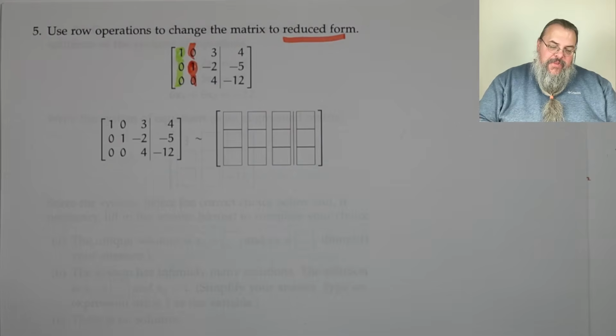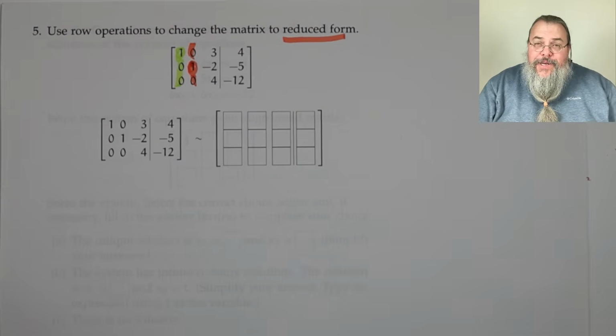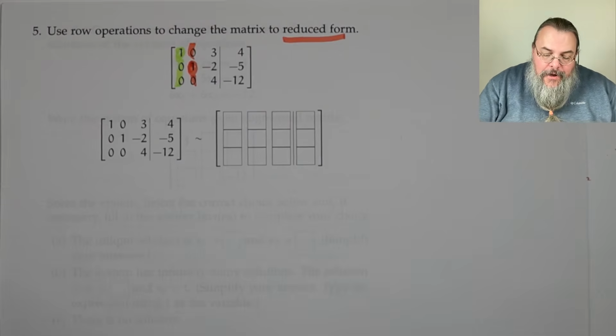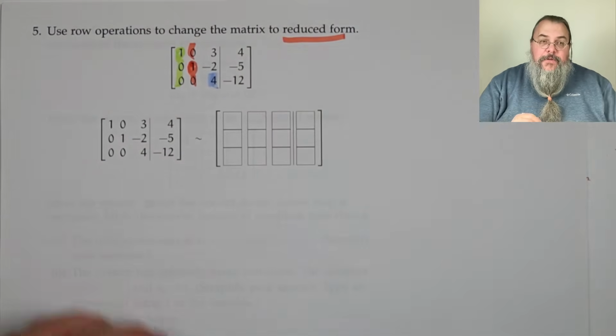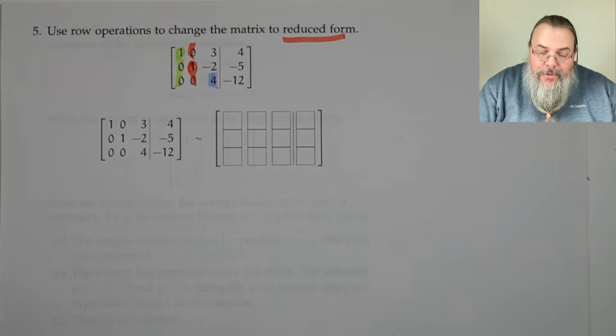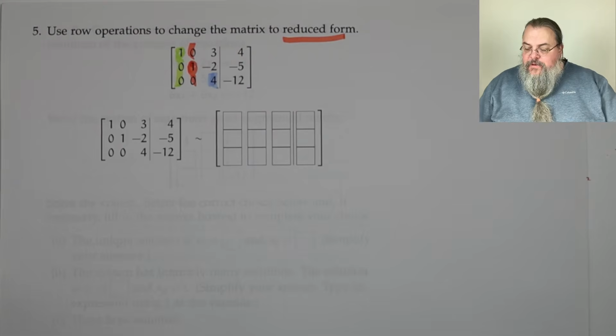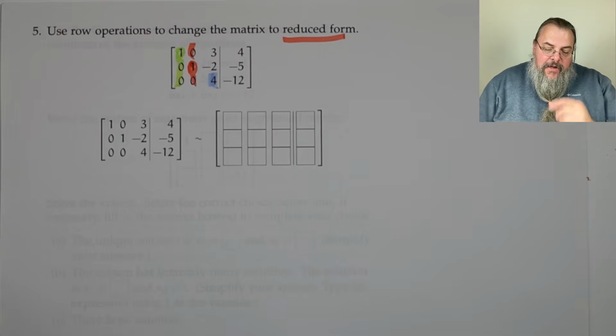Perfect. Now we come to the third column. We want that to be a 1, and no. So now there's work for us to do. Let's get to work.